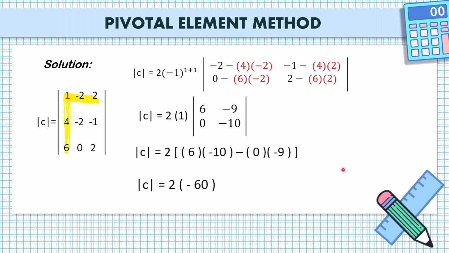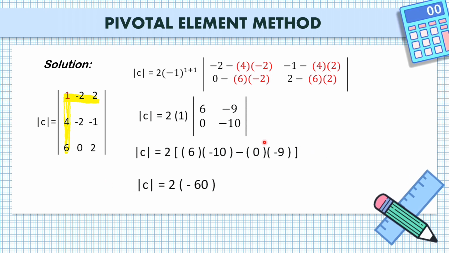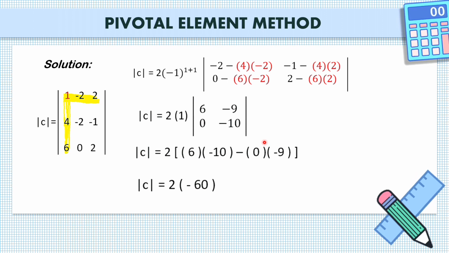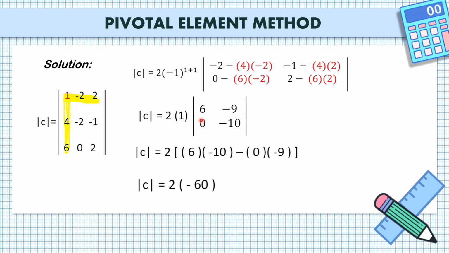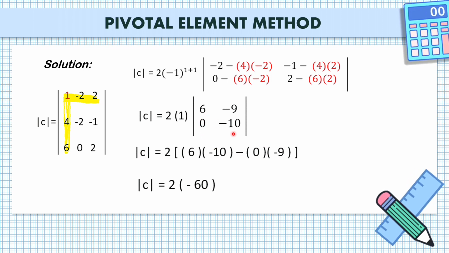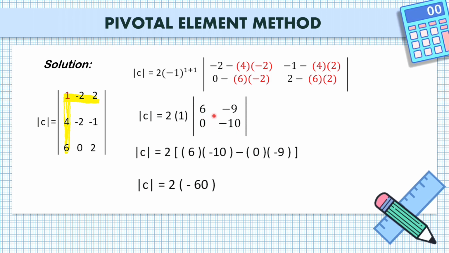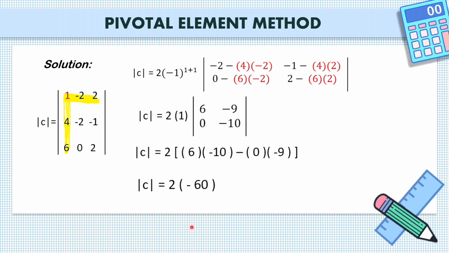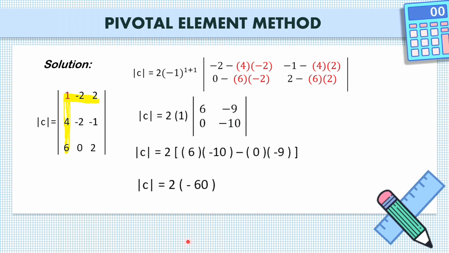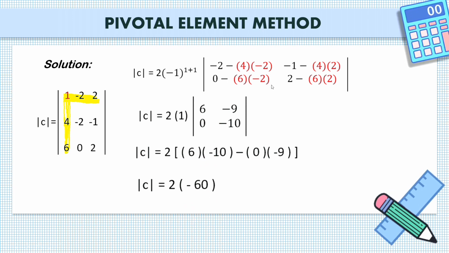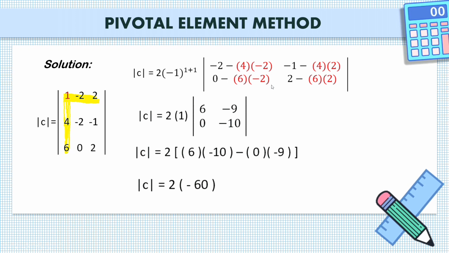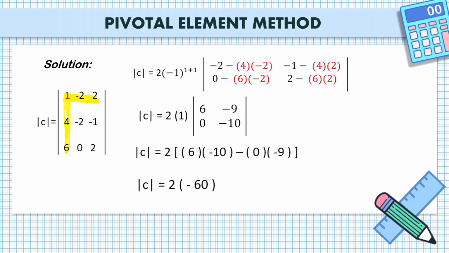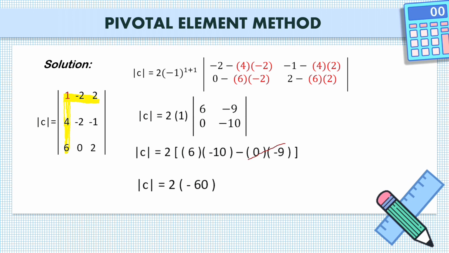So, next step, gagawin lang natin ang Leibniz method, which is ipagmumultiply natin ang -10 and 6, 0 and -9. 6 multiplied by -10 is equals to -60. And then 0 multiplied by -9 is equals to 0.